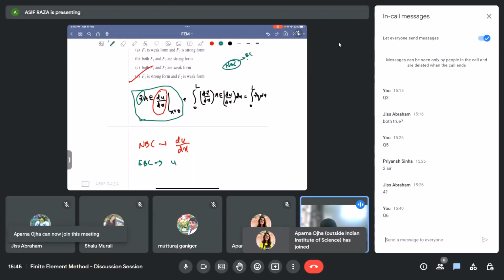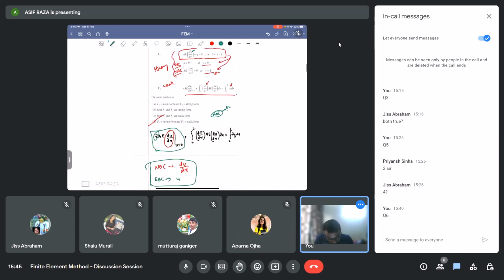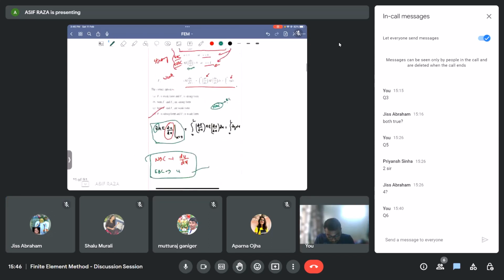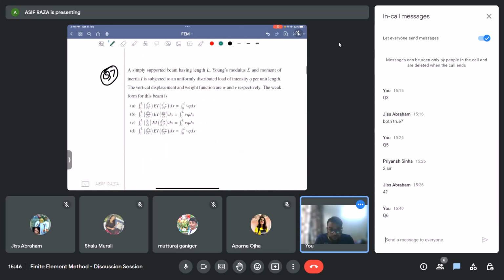So my essential boundary condition would be u. This is what is there in the boundary conditions defined also. If you see, the first boundary condition is essential, the second boundary condition given is Neumann. It involves the derivative of u. Is it clear now? Okay. So now let's move on to the seventh question.